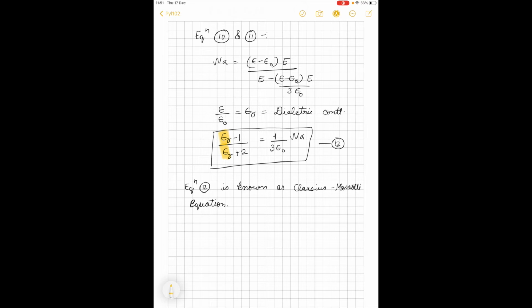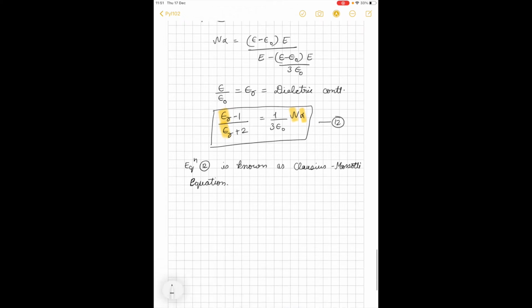It changes from material to material, and it depends on microscopic properties, which are alpha and n. Alpha is the polarizability of the individual atom, right? And n is the concentration, I mean the number of atoms per unit volume.